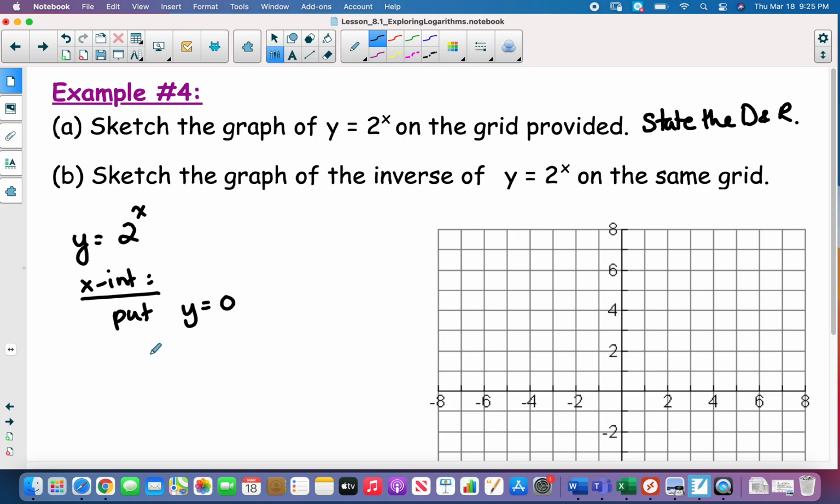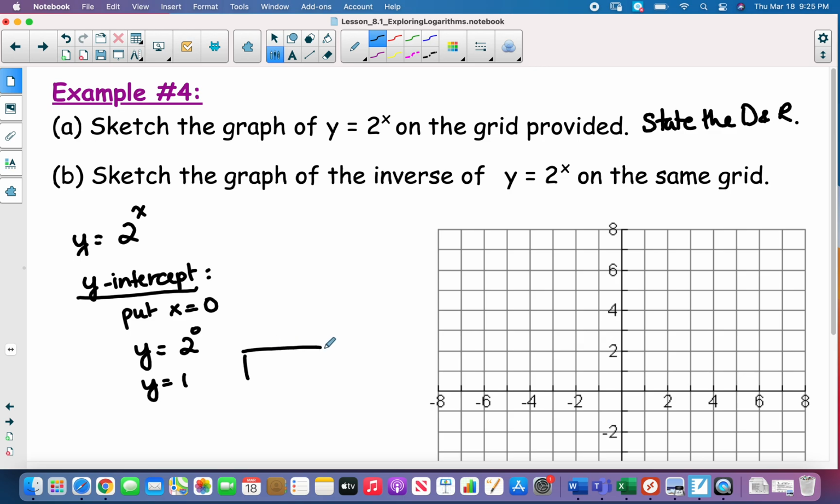Sorry, not the x-intercept. I'm talking about the y-intercept. Let's say we want to find the y-intercept. We're going to put x equals 0, and we get y would be equal to 2 to the power of 0, y will be equal to 1. So our y-intercept would be (0, 1).